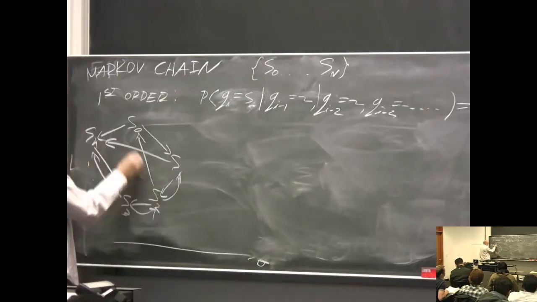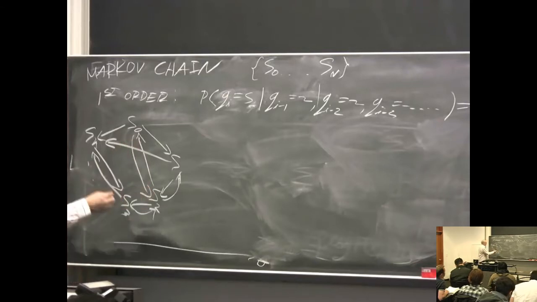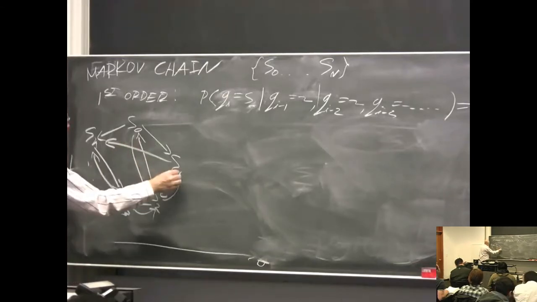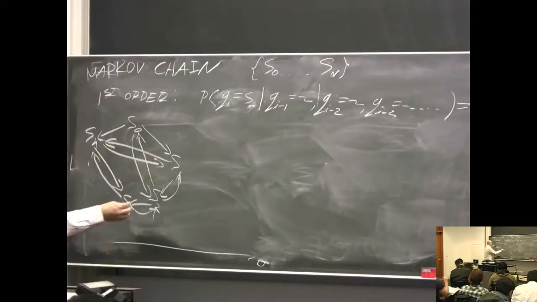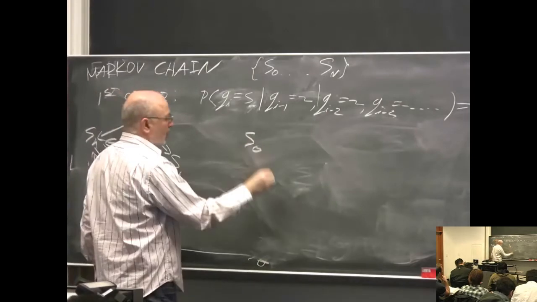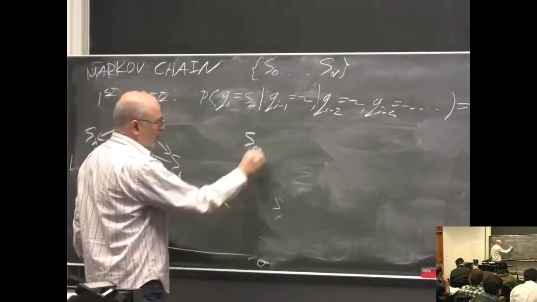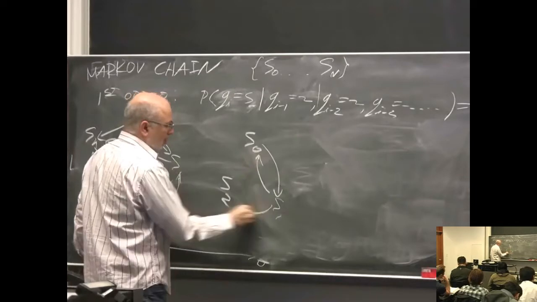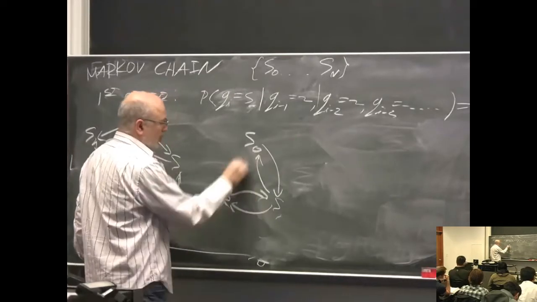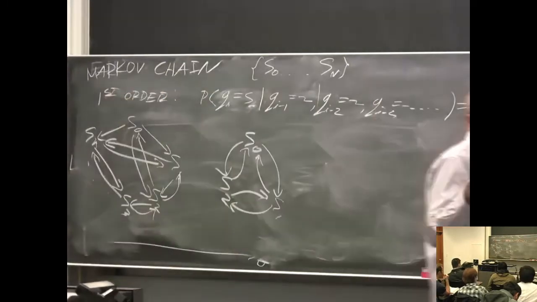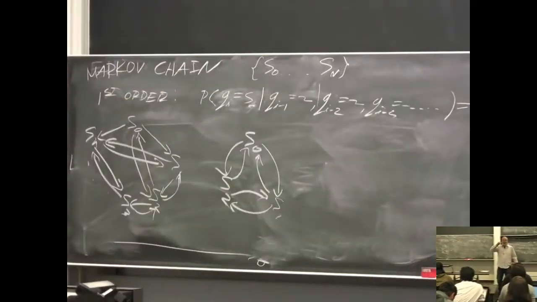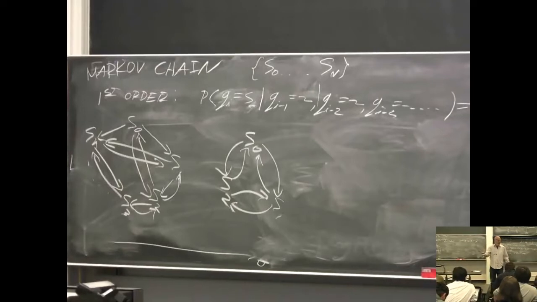Every node is connected to all other nodes. Let me draw a simple one. S0, S1, S2. But in the general case, if you have n or n plus 1 possible parts of speech, every part of speech can be followed by every other part of speech, and the arrows may represent the probabilities that this one follows this one.